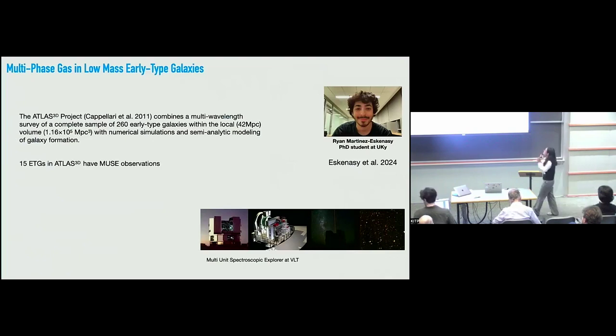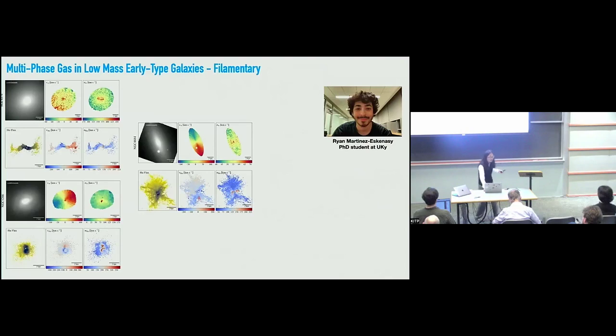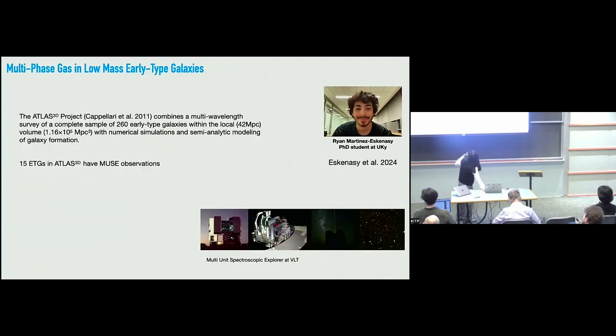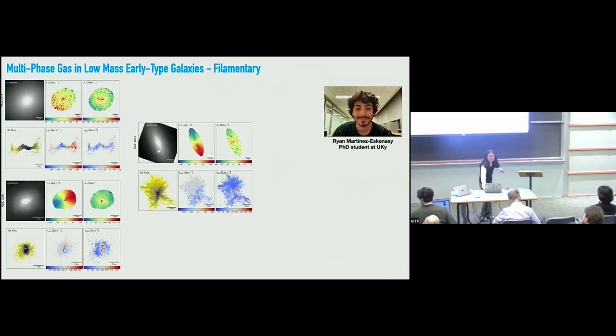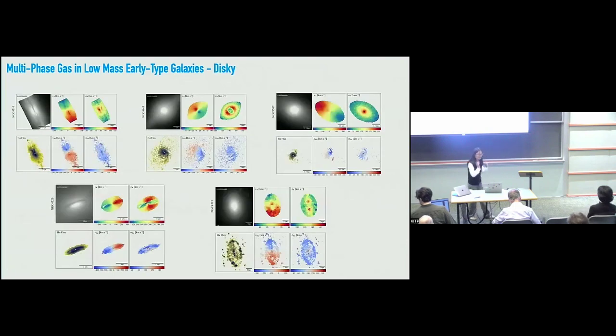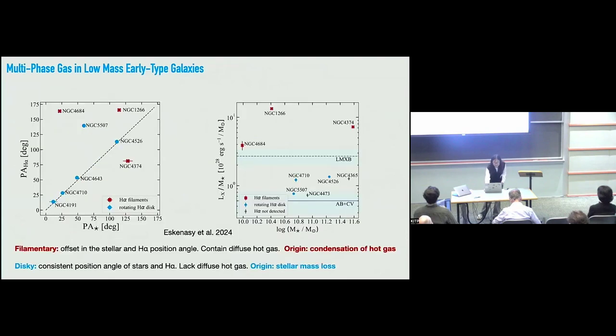He has studied isolated, really low mass early type galaxies, and he found that some of them show filaments like cool core clusters, but many of them show just a disk, also in multiphase.